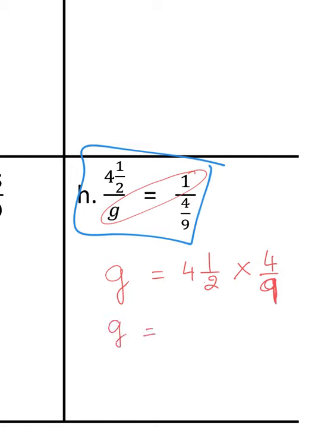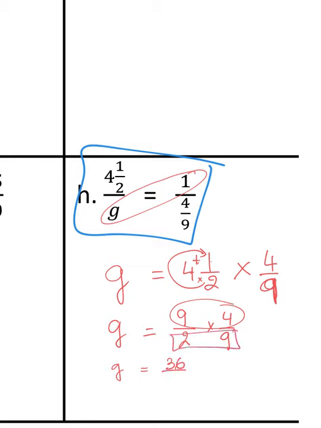4.5, you're gonna make this mixed number into an improper fraction. So the denominator is the same. I do Texas. 2 times 4 is 8. 8 add 1 is 9. Okay. I'm gonna multiply the top, 36, and then the bottom.